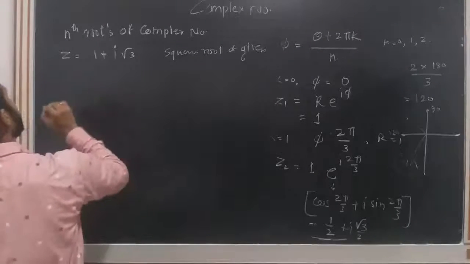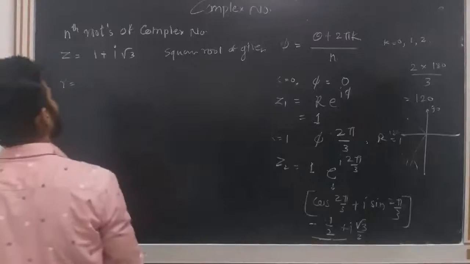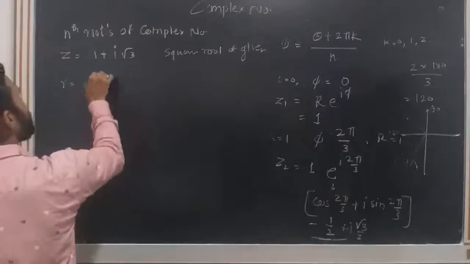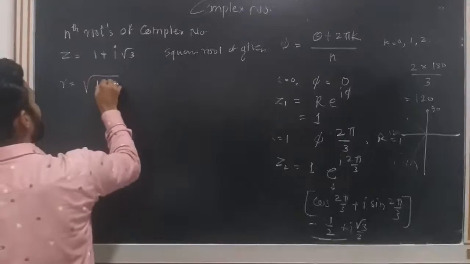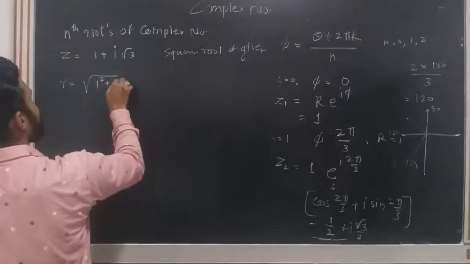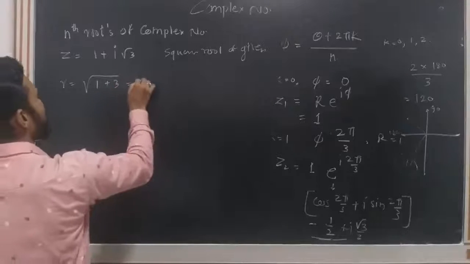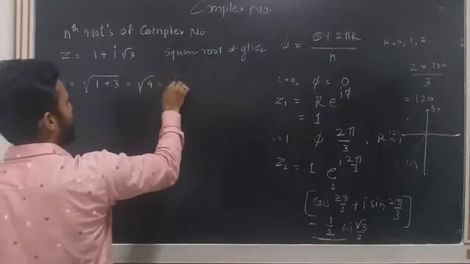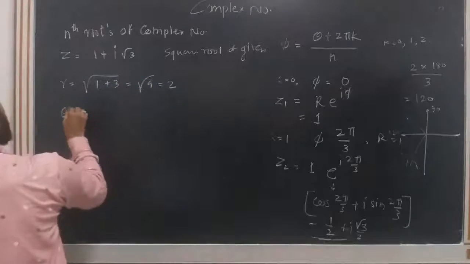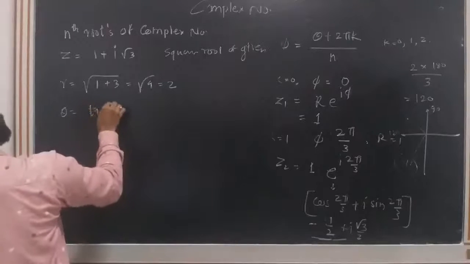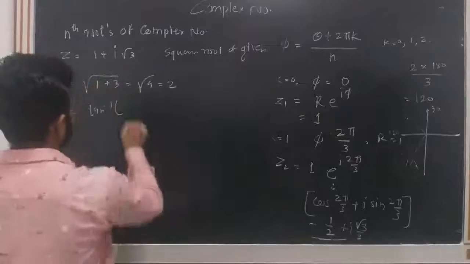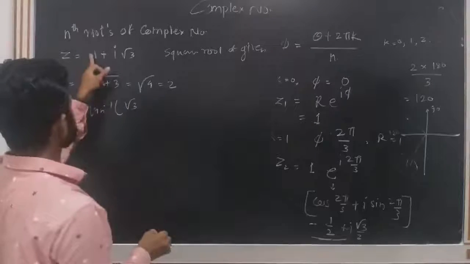Very easy. First of all, find out r. R is equal to under root 1 square plus root 3 square. 1 square is 1, root 3 square is 3. So 4, and r is equal to 2. Find out theta: tan inverse of y, root 3, by x, 1.